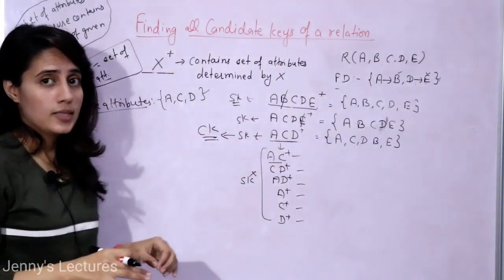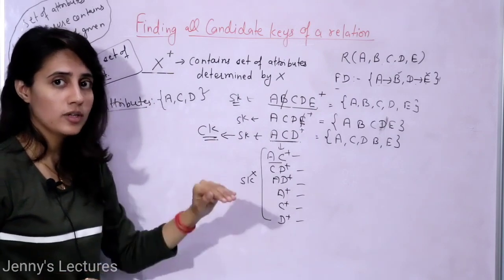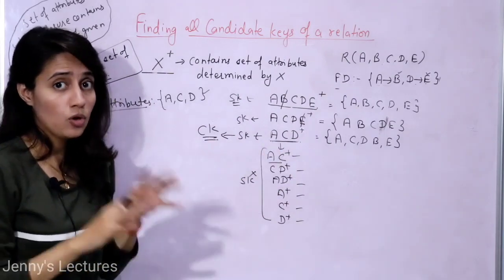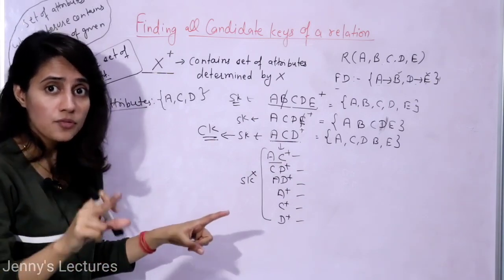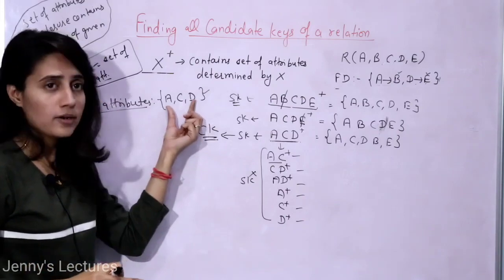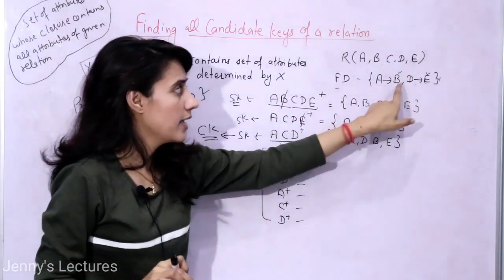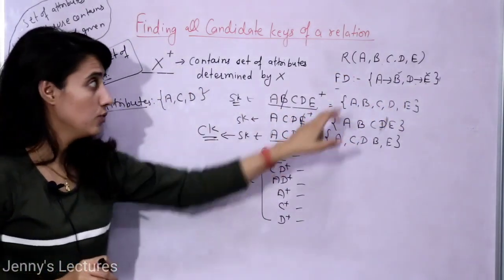So now you can say that in this relation there cannot be more than one candidate key. Only this candidate key is available. You will not find any more candidate key if no prime attribute is available on the right hand side of the given functional dependencies.